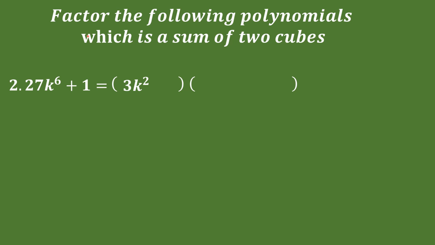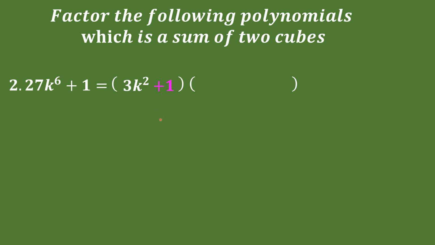We need to get the cube root of each term in the given. So 27 gives us a 3, while k to the 6 divided by 3, we have k squared already. And the cube root of 1 is positive 1. Okay, so we are done with the binomial set.